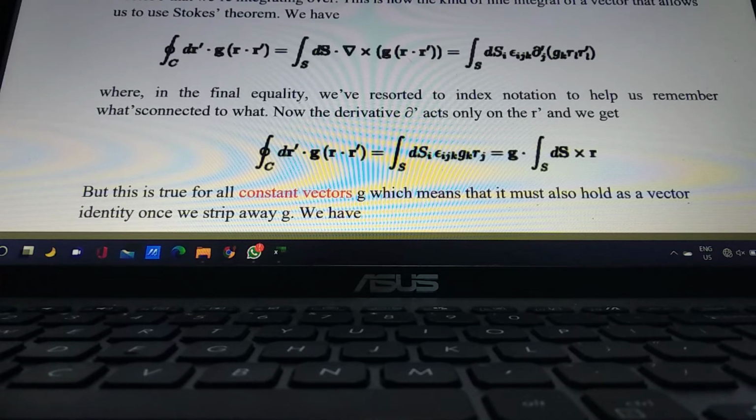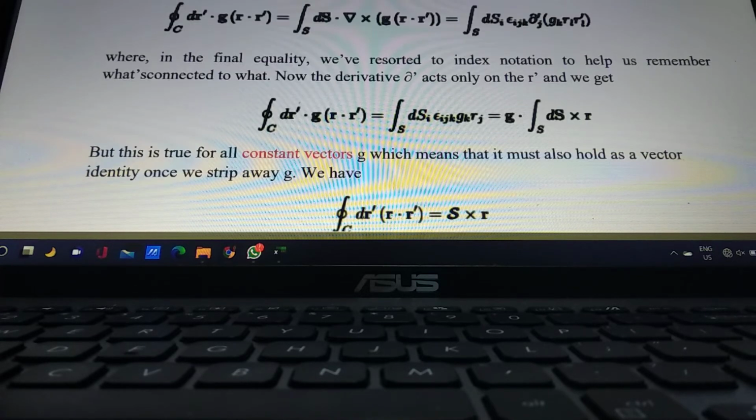Now the derivative ∂_j acts only on the r'.